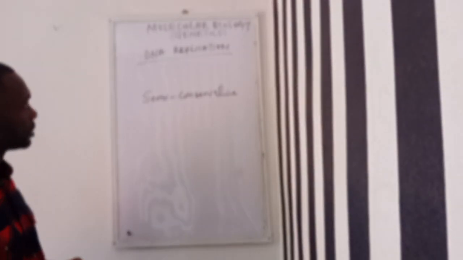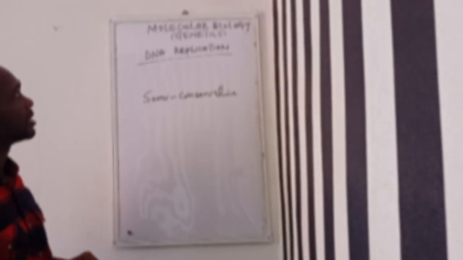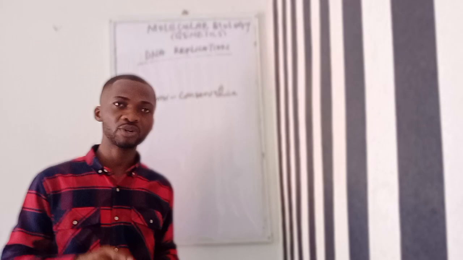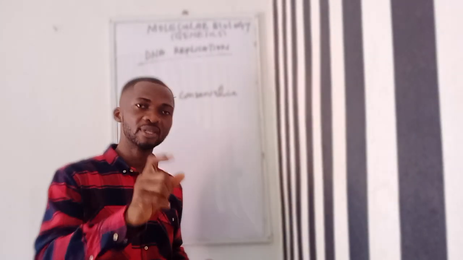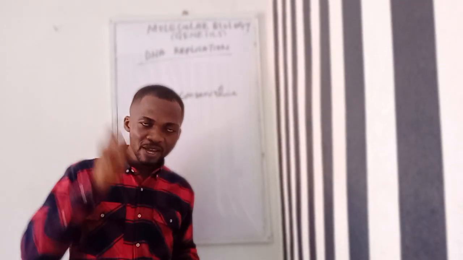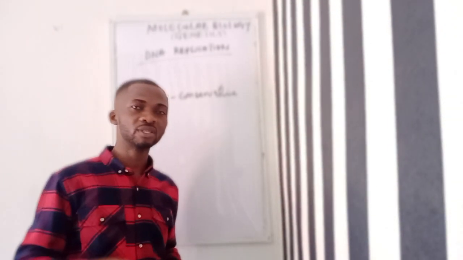According to this method of DNA replication, DNA replicates in such a way that the offspring strand contains one parental strand and one newly synthesized strand. For every offspring strand, it will contain one parental strand and one newly synthesized strand.